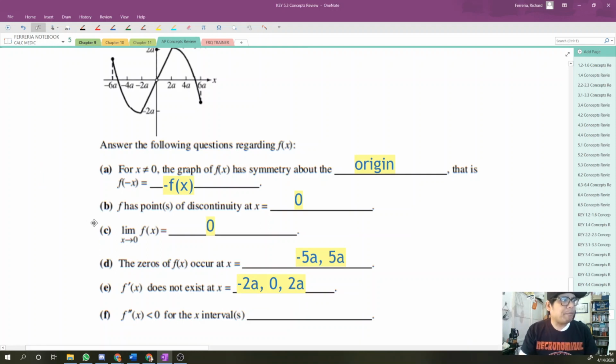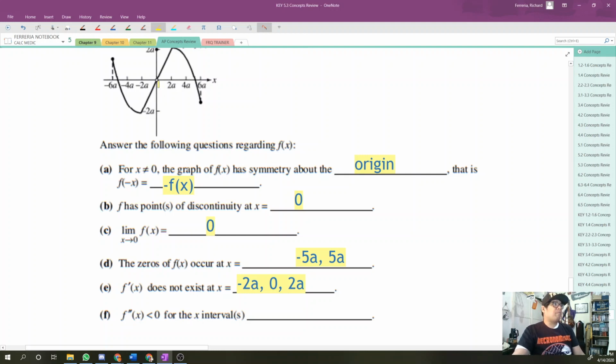And then letter F, we're looking for when is f double prime less than 0, which would be the same thing as saying when are we concave down. So we'll go through each one of these pieces of the graph and we'll talk about it. Here, that part that's highlighted now, that has concave up. Concave up is shaped like a cup.